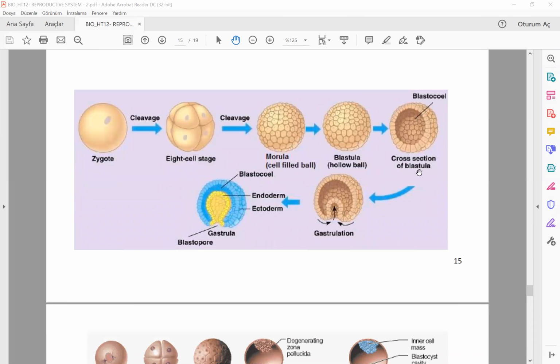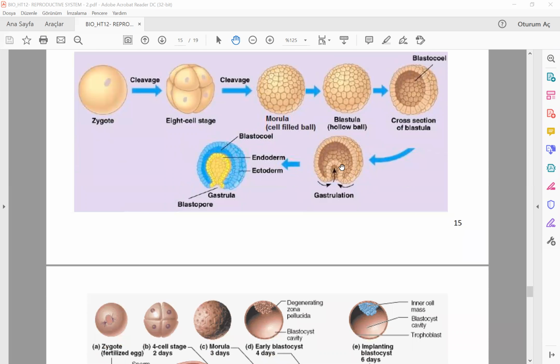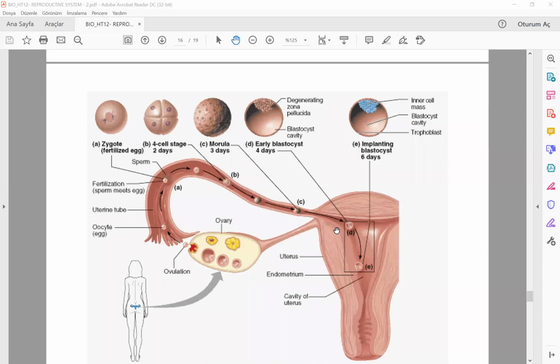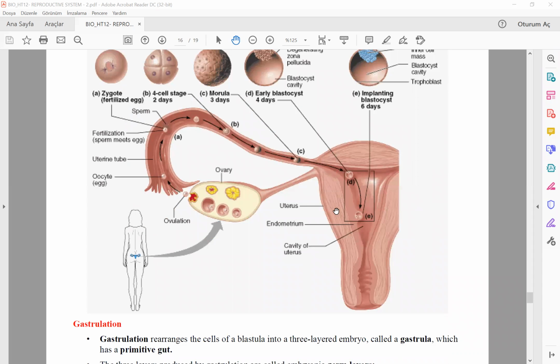After the blastocyst, the gastrulation period starts. These cells become endoderm, ectoderm, and mesoderm. Three germ layers are formed in the gastrula period, and it is already implanted in the endometrium.